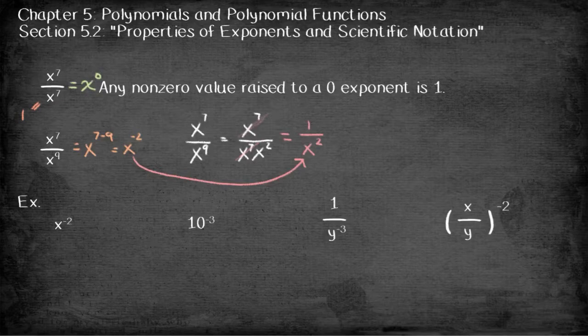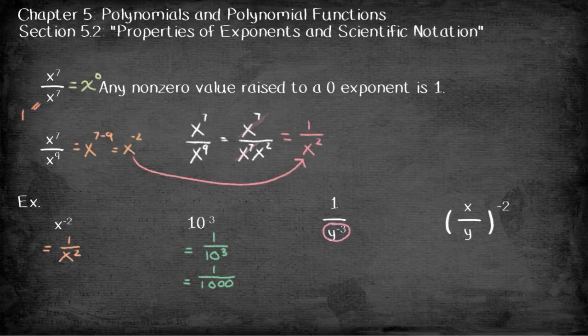So as before, we saw x to the negative 2 is really 1 over x squared. 10 to the negative 3 is the reciprocal of 10, which is equal to 1 over 10 to the third, or 1 over 1,000. And here we have a negative exponent in the denominator.